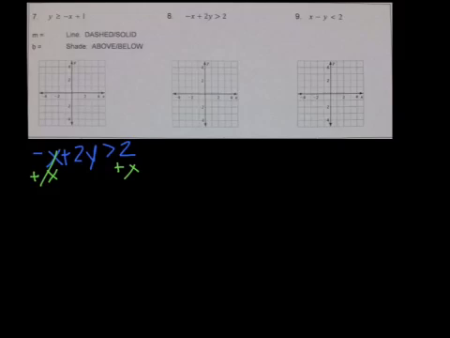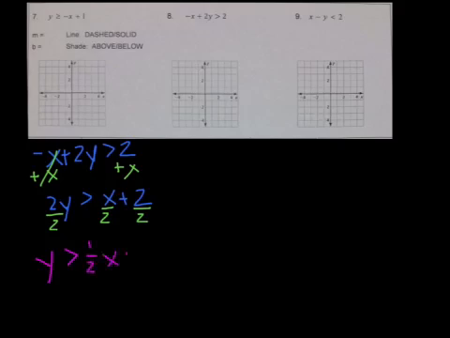And then I'm going to be left with 2y is greater than x plus 2. Okay, I'm still not done. I need to divide both sides by 2. And remember, when you divide, you're dividing everything by 2. It's kind of like distributing, except we're dividing. So my final answer is going to be y is greater than 1/2 x plus 1. So that's my inequality that I need to graph.